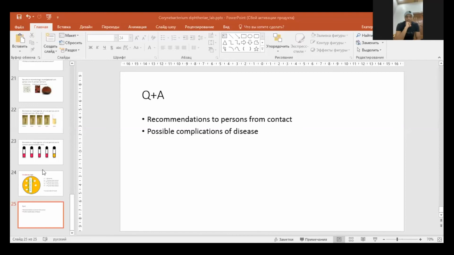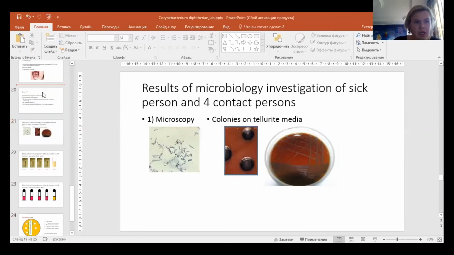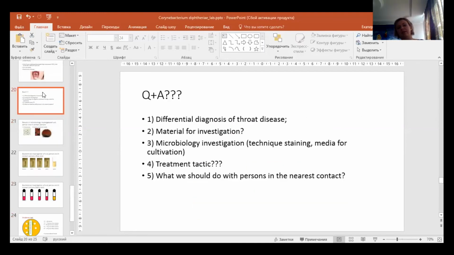We can use this medium. Okay, microbiological investigation, you will use blood agar containing tellurite. What should you do with this patient for treatment?